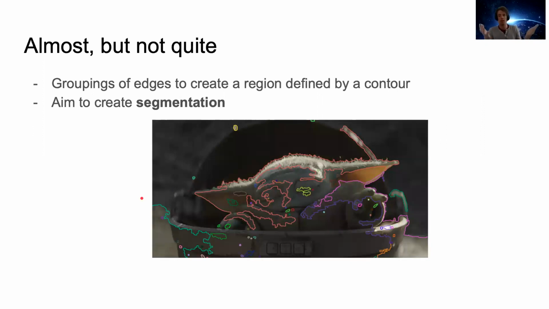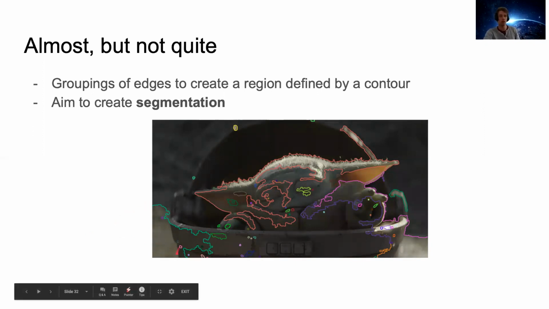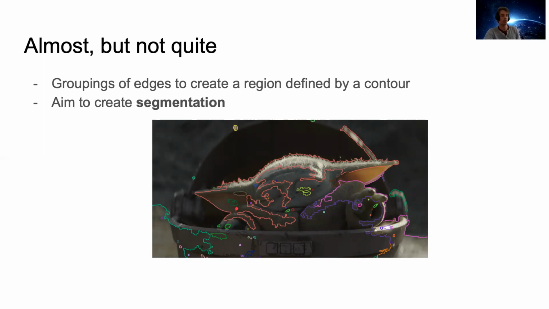So the result, if we apply contouring to our Baby Yoda, is this. And I've color coded each contour. And a contour is basically just a line, right? So you can see that the contouring algorithm thinks that everything inside this region is part of a single object. And it's kind of right. If you look at the way it's segmented by color, everything here is kind of similar-ish color.